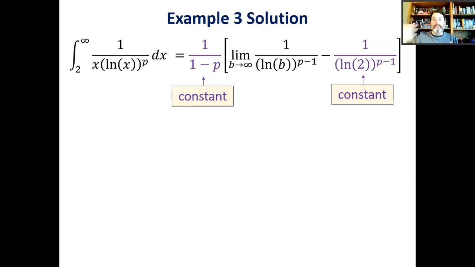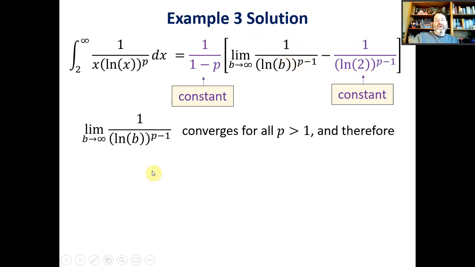A convergent sum minus a convergent sum is still convergent. So these two constants don't factor in anyhow into whether it converges or diverges. So I'm just going to look at this part right here. And what you see is that when you plug in infinity for b, natural log of infinity is infinity.